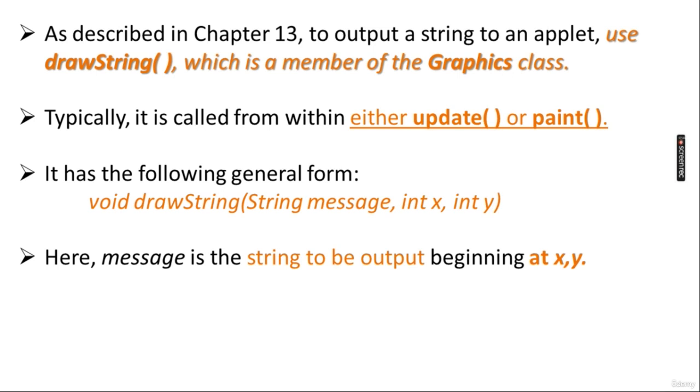Okay, so here chapter 13 may be your chapter 12 because I have merged chapters 1 and 2 together. So whenever I am referring to chapter 13, it will be chapter 12. Whenever I am referring to chapter 20, it will be chapter 19. So you have to take care of which chapter you are referring to.